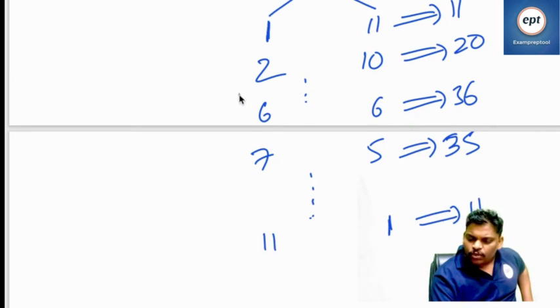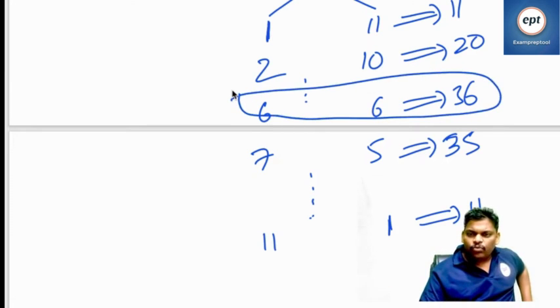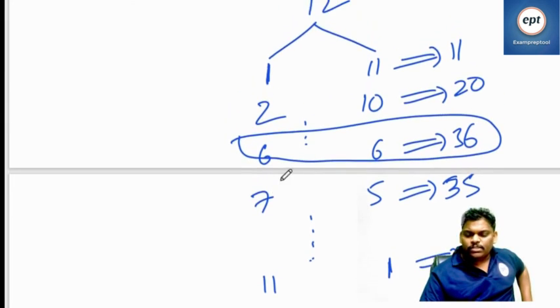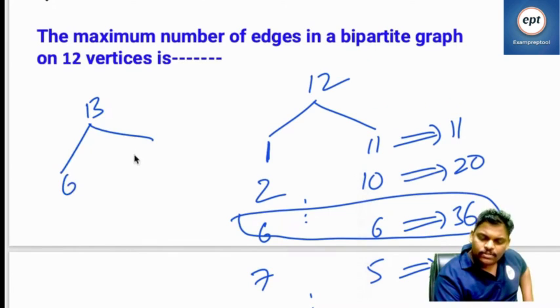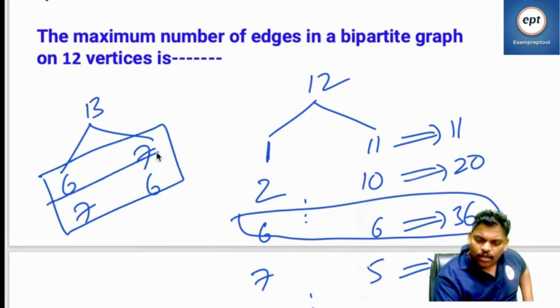So when you divide equally, you get more edges. Suppose equal is not possible, with 13 vertices: 6 and 7, or 7 and 6. Either equal or close to equal.